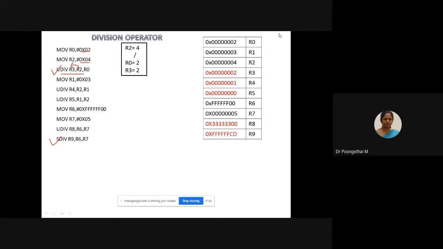Your R3 is holding this value, 2. The remainder will be discarded. If you want to extract the remainder, we need to write a separate algorithm. That can be done by programming. A separate routine has to be written for extracting the remainder value.